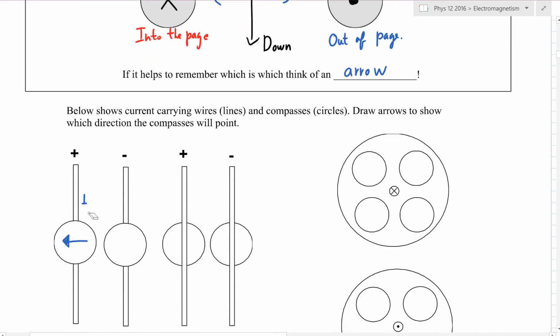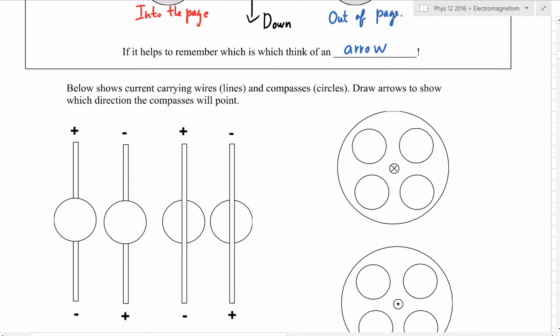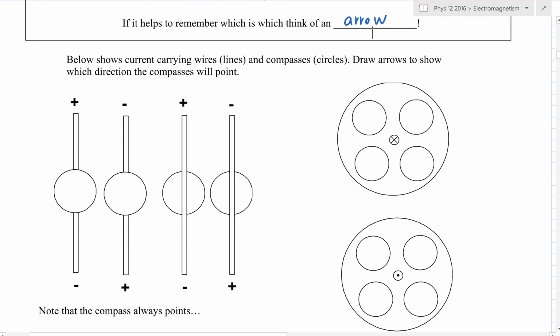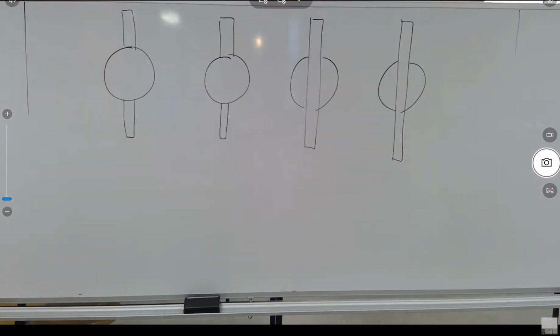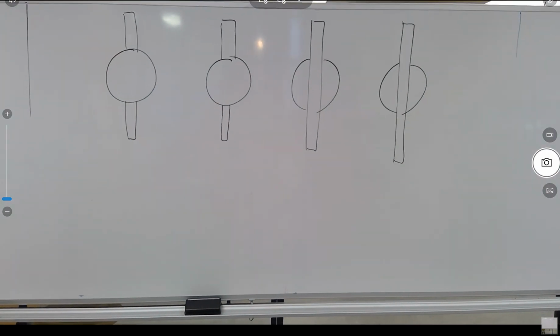Okay, so let's look at a few examples, right? To look at this, I'll actually, okay, I am probably going to regret this, but let me try and see if it works. Okay.